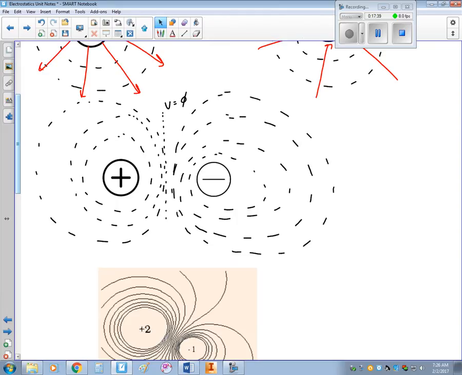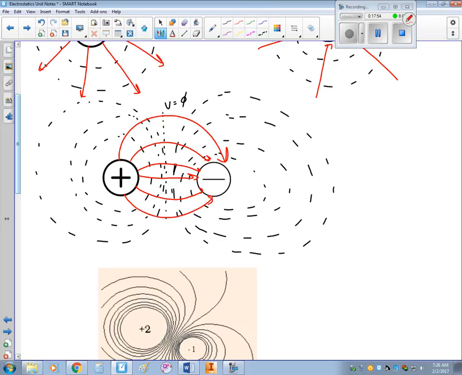So then the field lines, the electric field, would look something like this, being careful to keep them perpendicular to the equal potential lines at all points. So that would be the electric field between those two points.